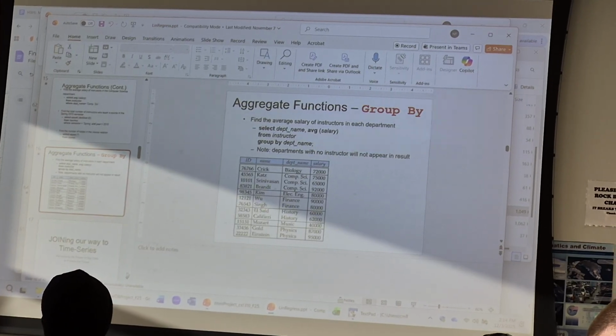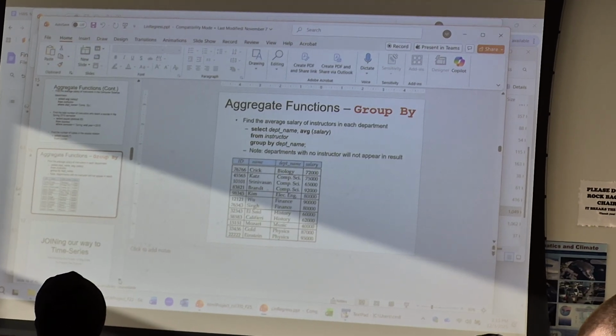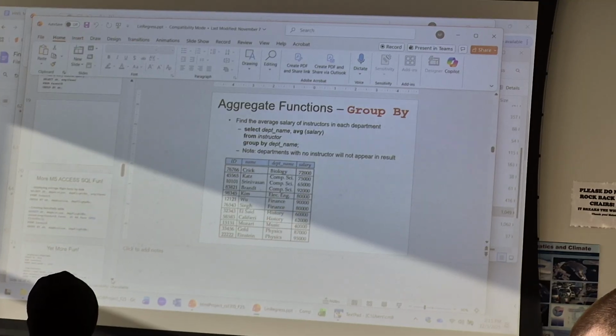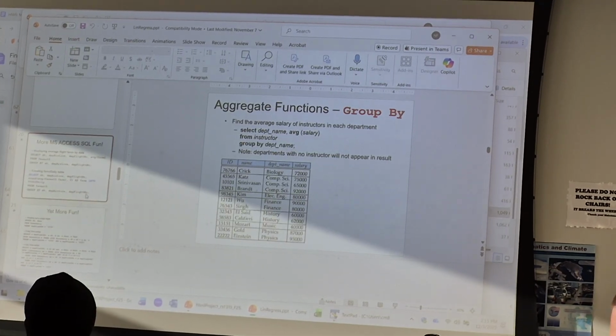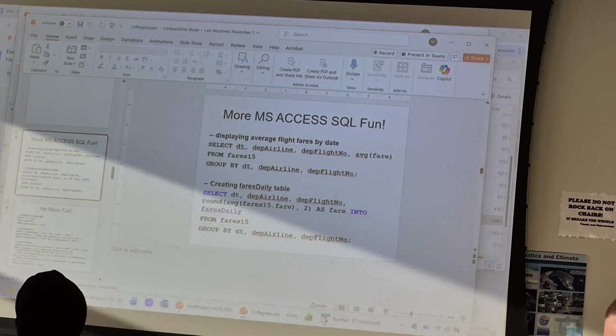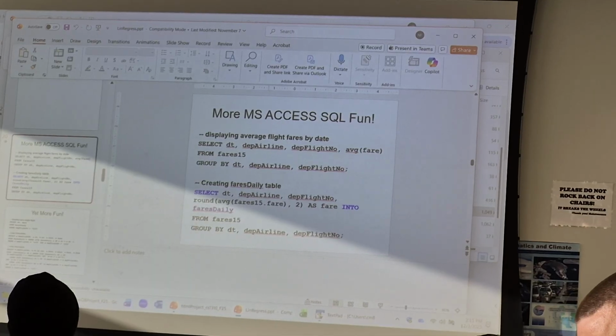So I only have one group by example, but then I started talking about joining tables together, and before joining tables together, I decided to come up with a fares daily table. So a select into example.